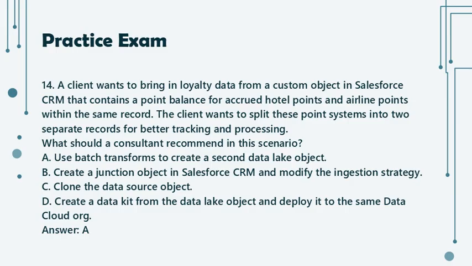A. Use batch transforms to create a second data lake object. B. Create a junction object in Salesforce CRM and modify the ingestion strategy. C. Clone the data source object. D. Create a data kit from the data lake object and deploy it to the same data cloud org. Answer: A.